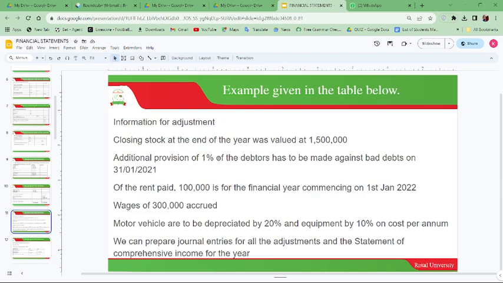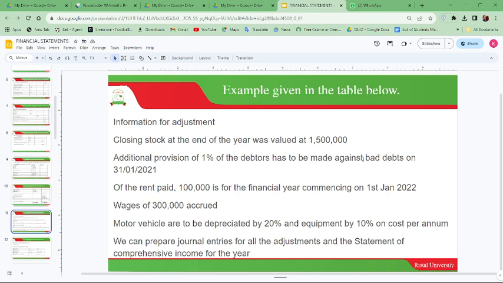Additional provision of 1% of debtors has to be made against bad debts. So they have given us that a provision of 1% of the debtors has to be made against bad debts.